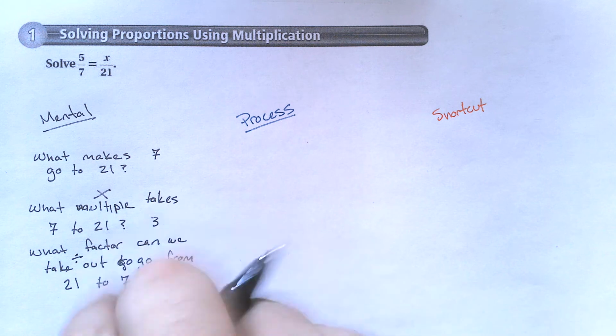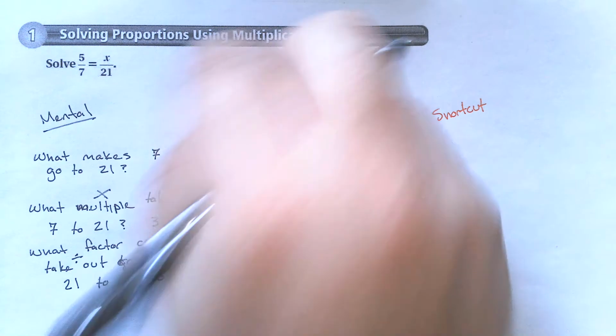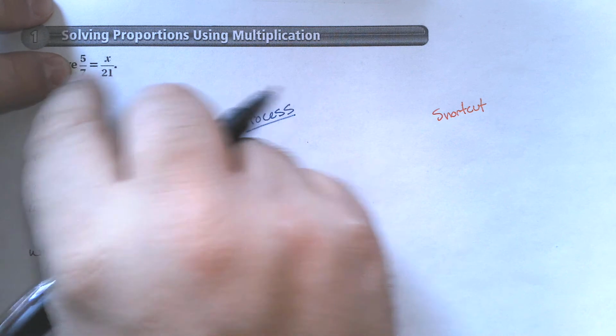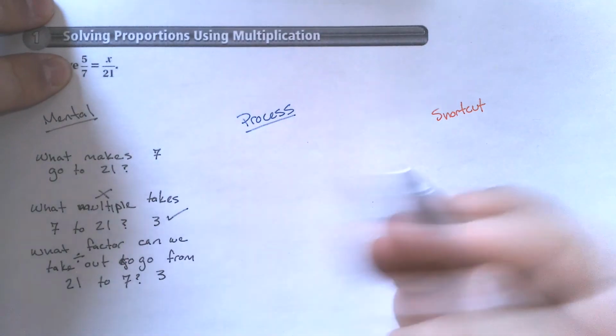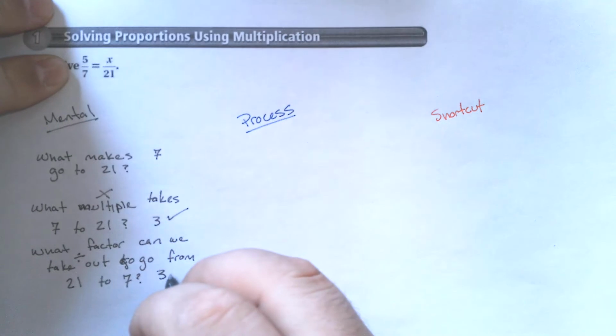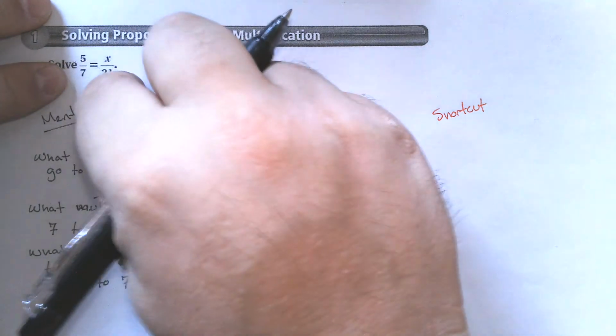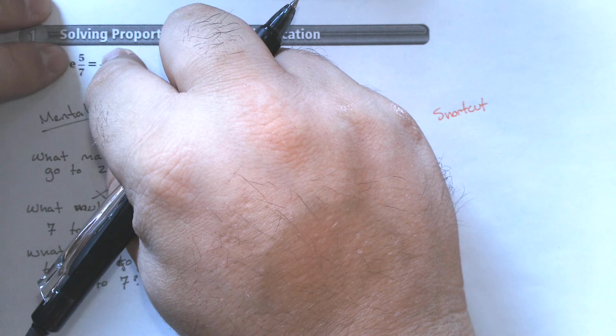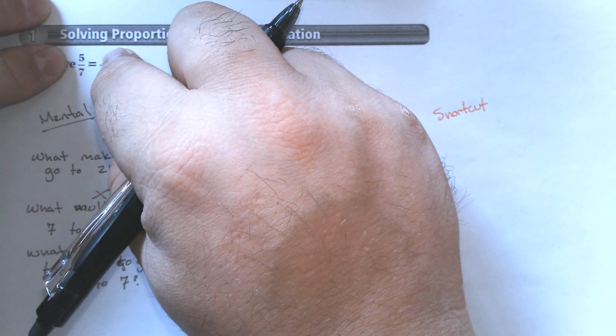How we're going to use that is we're going to take that same number. We're going to ask ourselves, okay, if I go from left, 7 to 21, I have to multiply this guy. And if I go right, I have to divide by this guy. So if 21 divided by 3 is 7, well, x divided by 3 is 5. I don't have a real number there.